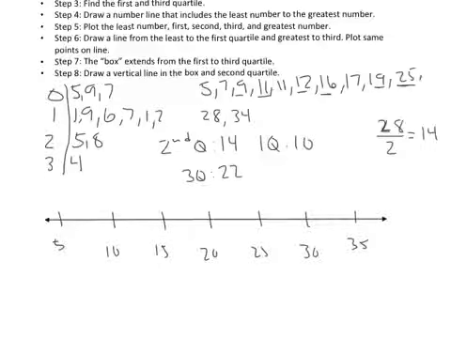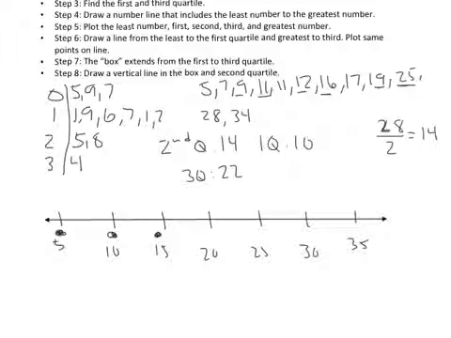So now I need to plot my least number, my first, second, third, and greatest number. My least number is at 5, so I'm going to draw a nice point here at 5. Then I look at my first quartile, which is 10. That's nice because we've got a point there at 10. Then my second quartile is 14, which is right before 15, so we're going to draw a dot right about there.